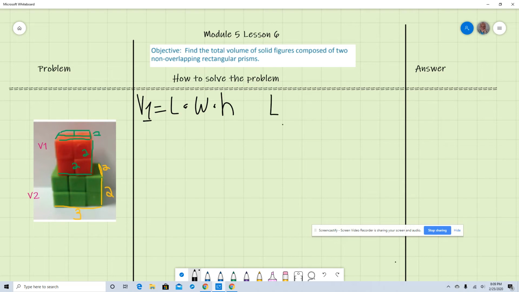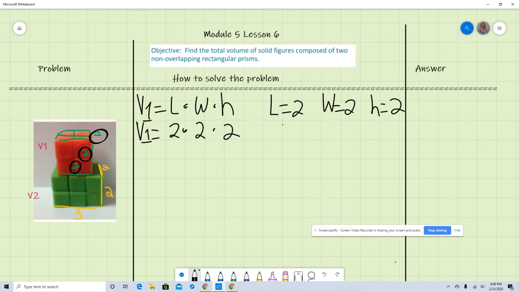So the length equals 2, the width equals 2, and the height equals 2, which is this one right here. Now with that we have the math, we can just substitute it in the formula. The length is 2 times the width, which is 2, and the height, which is 2.